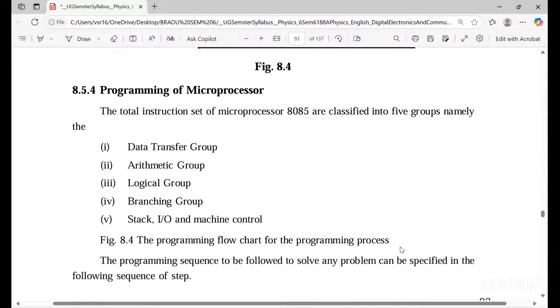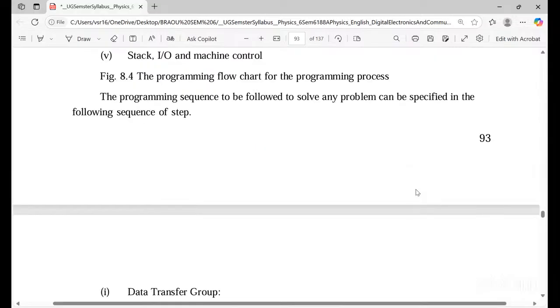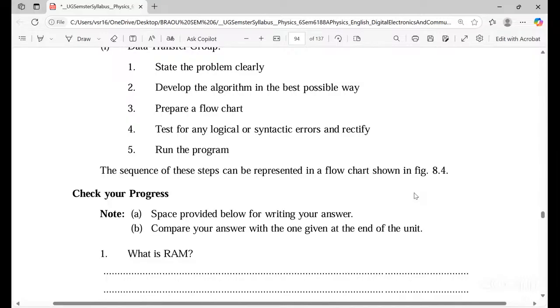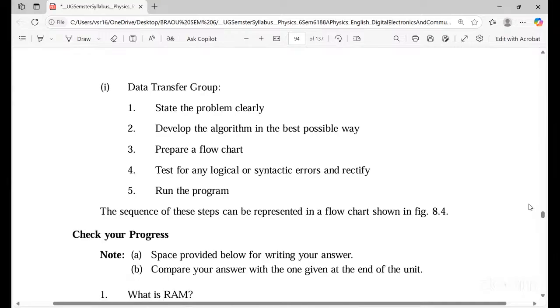So programming of the microprocessor. The total instruction set of microprocessor 8085 is classified into 5 groups: the data transfer group, arithmetic group, logical group, branching group, and stack, input, output and machine control.